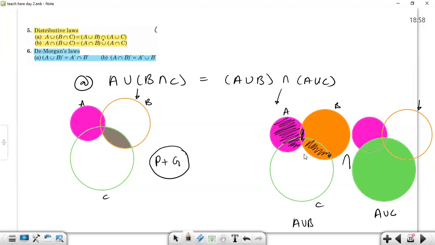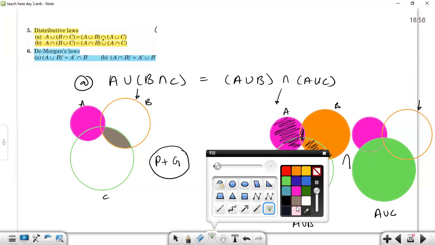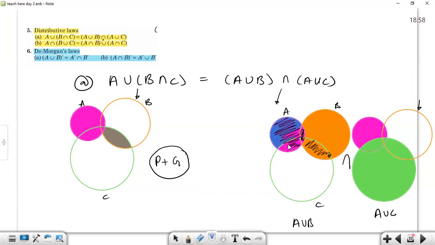So wherever I have shaded black is common. Let's shade it differently, with this color. Let's take blue color. So here, here, here.